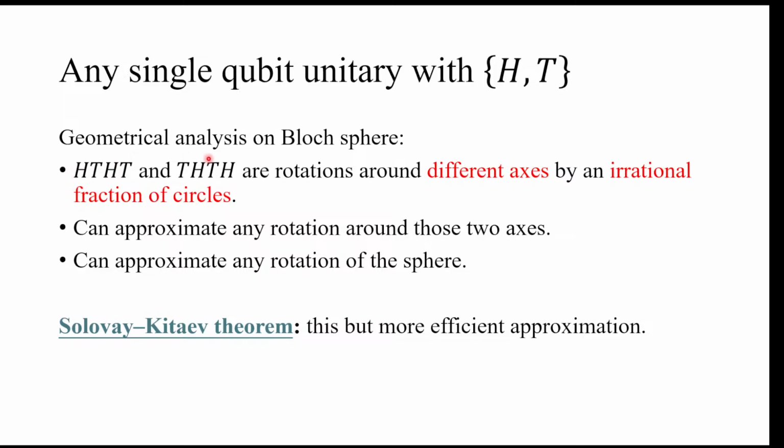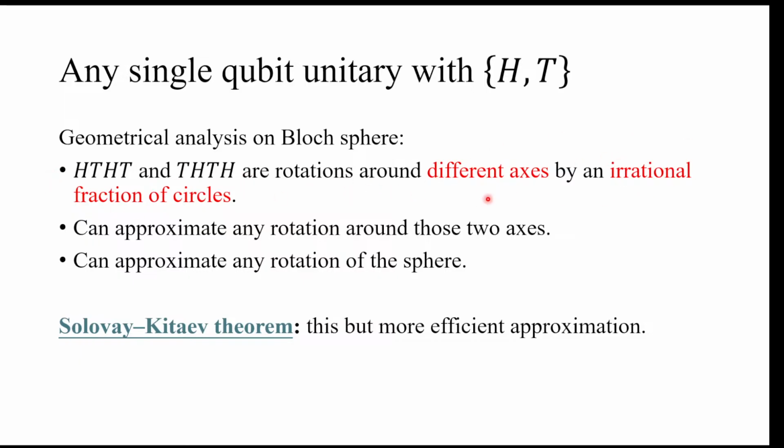So we think about those two gates, HT and TH. And they are actually not inverses of each other. And anyway, any gate on the Bloch sphere is a rotation. So this is a rotation, this is a rotation, and they are actually rotations on different axes. You can do an explicit calculation to check those two facts.